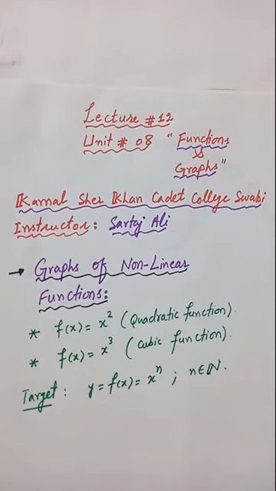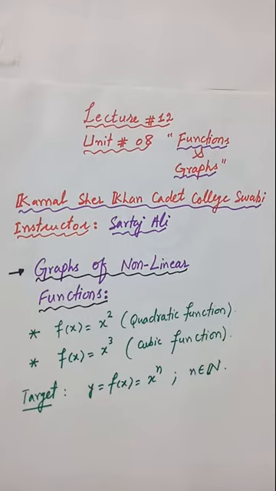Remember, the shape of the graph of a function is so important because a graph is a curve in a two-dimensional plane, and a curve is made from infinitely many points, and for each point you have an ordered pair to represent that point on the curve. So to draw the graph of a function we need infinite ordered pairs.